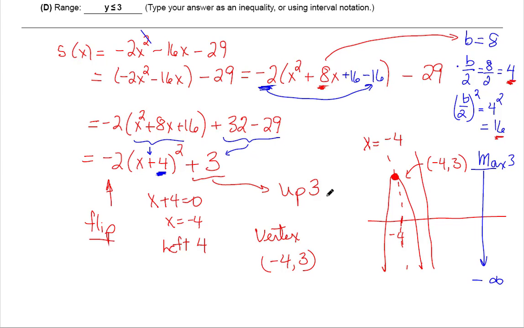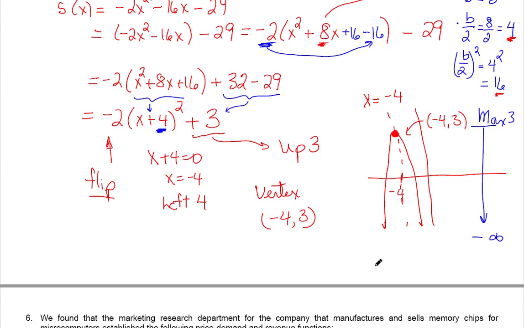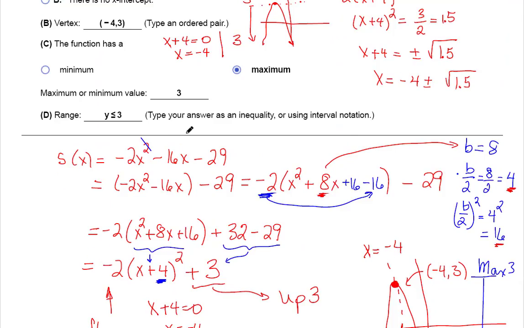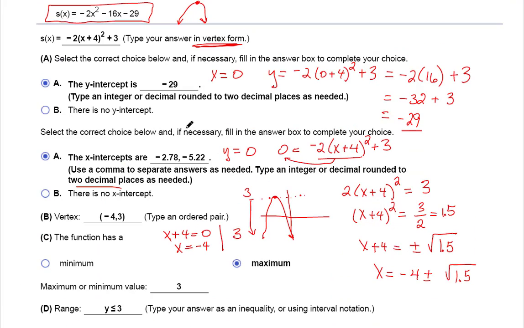So therefore, my range is going to be minus infinity, the lowest, up to a 3. And it's a bracket because it is included. Alright, so that's my form for the vertex form. Let's go back up here. Alright, so that's what we got there.